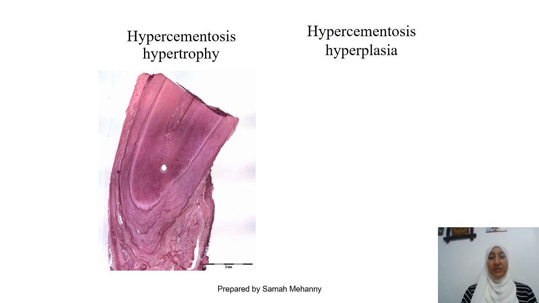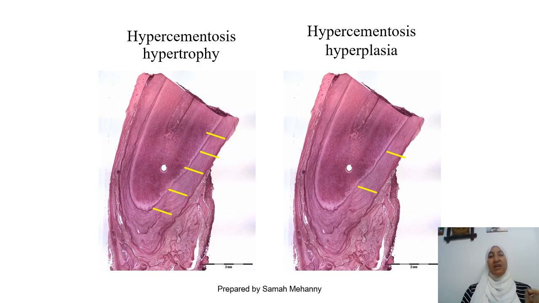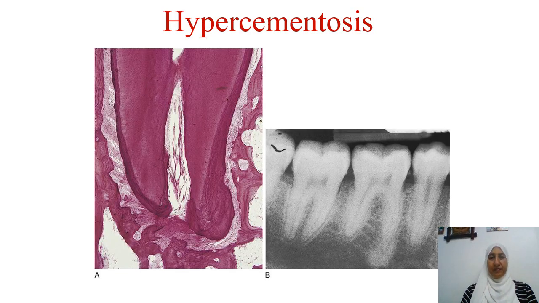Here you are, hypercementosis hypertrophy and hypercementosis hyperplasia. This is a histological section showing hypercementosis localized, and by X-ray, this is a localized hypercementosis. Of course, by X-ray, I couldn't determine whether it's hypercementosis hypertrophy or hyperplasia.